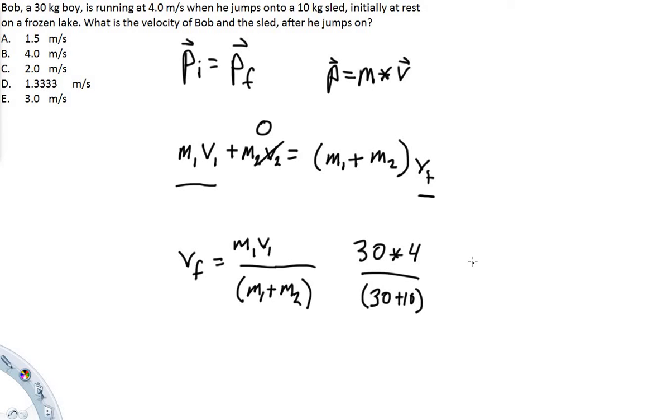So that is going to be 120 divided by 40, and we will get 3 meters per second for Bob and the sled after he jumps on.